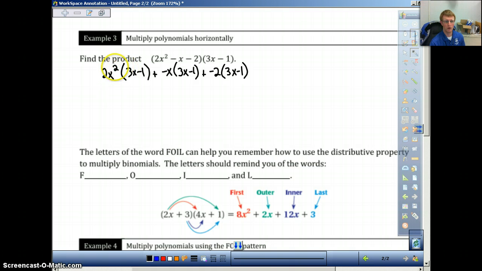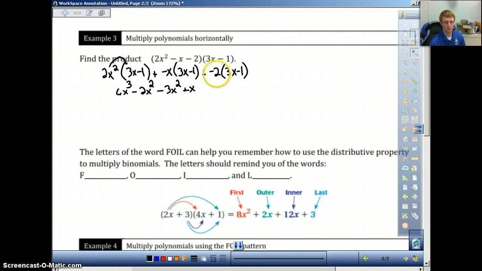So 2x squared times 3x is 6x to the third. 2x squared times a negative 1 is negative 2x squared. And then over here we have negative x times 3x is negative 3x squared. Negative x times a negative 1 is a positive x.